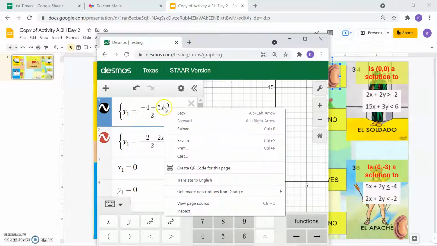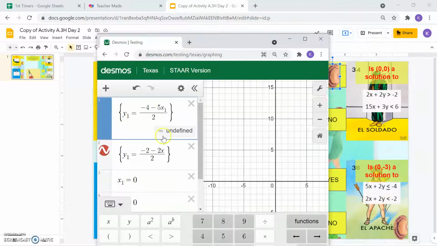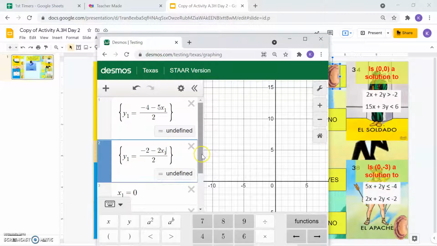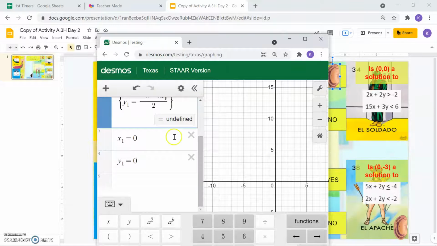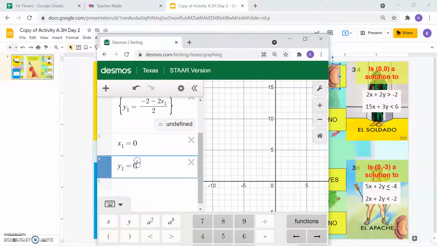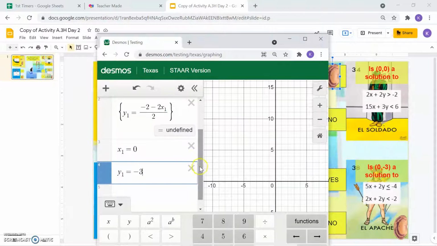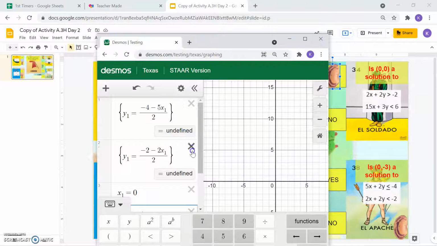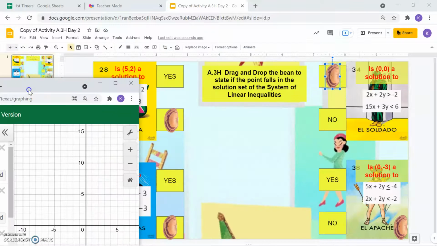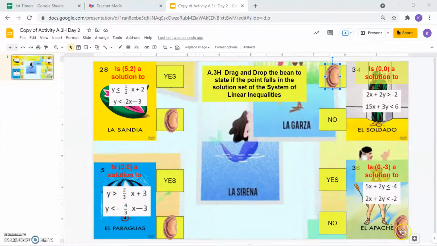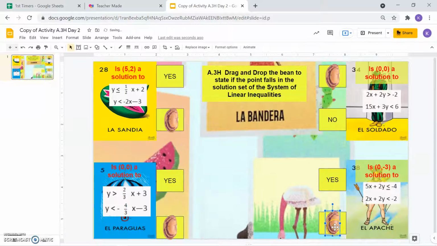And I forgot here to put x1, if not, it's not going to work, and x1. It says here, is (0, negative 3) a solution? So it's a 0 and negative 3. So I see that they're both undefined, that they're both not true. So that means that this is a no.